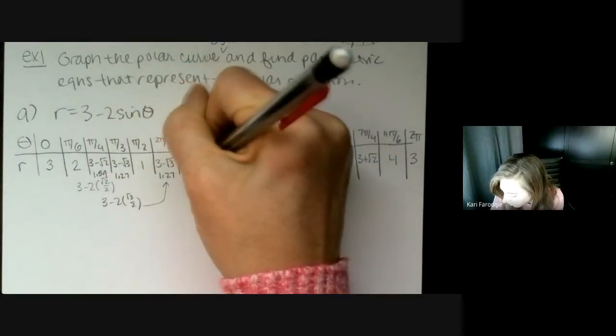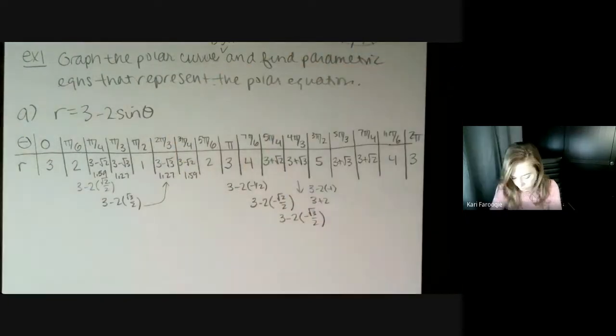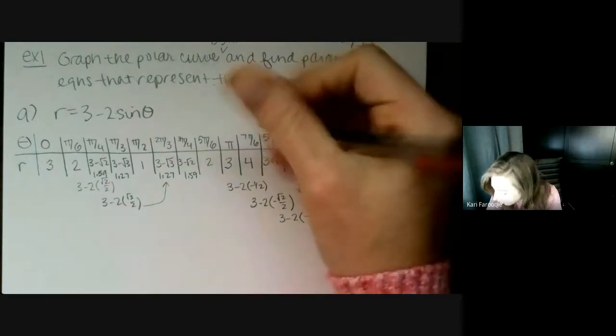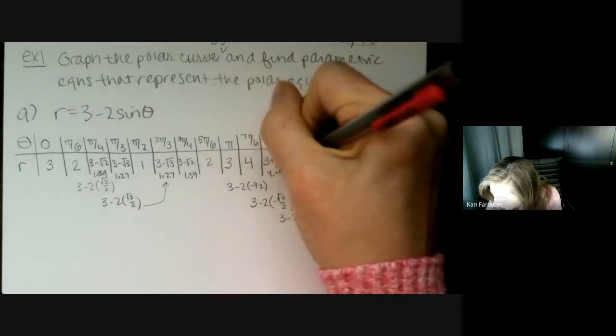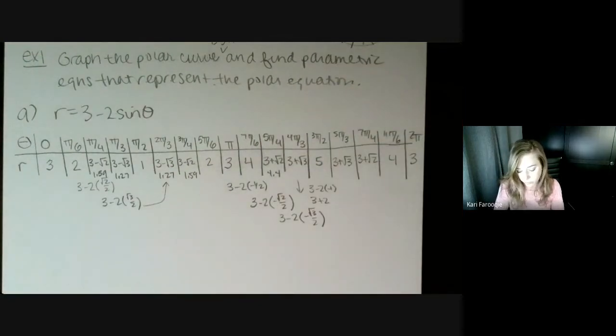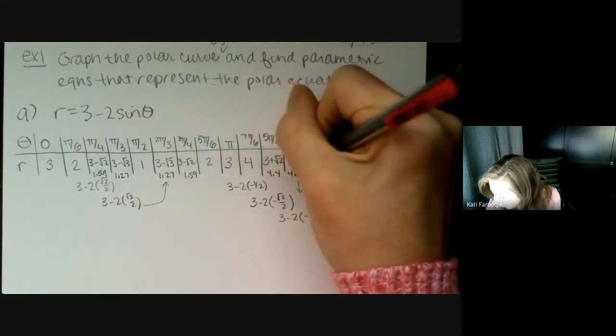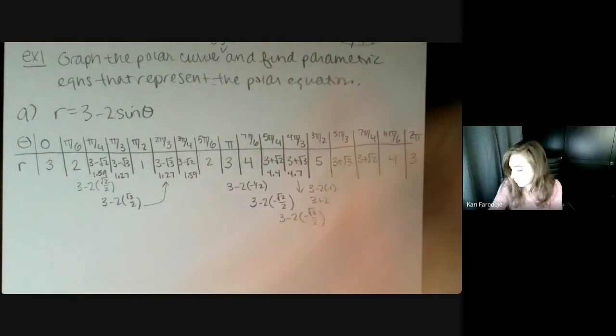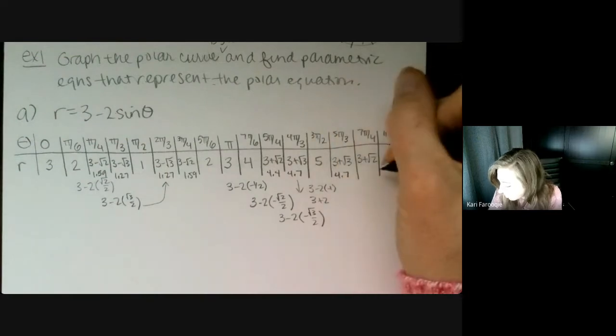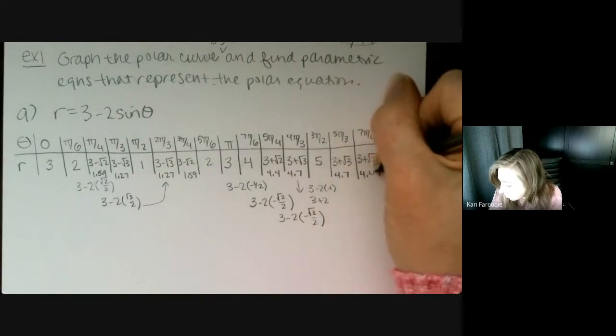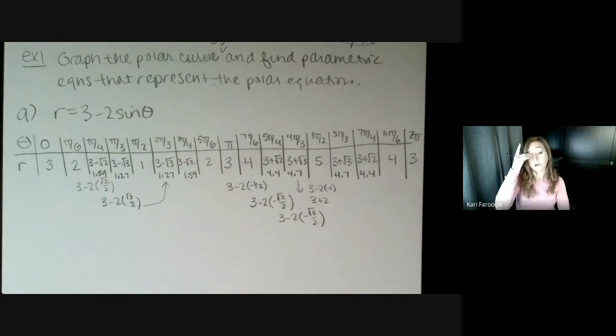And then we need 3 plus the square root of 2, which is 4.4-ish. 3 plus the square root of 3 is about 4.7. And we now have some approximations. We don't have to approximate too closely because we're going to have to just graph this, and we can only graph so close with these decimal approximations.